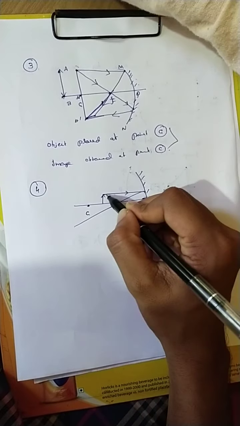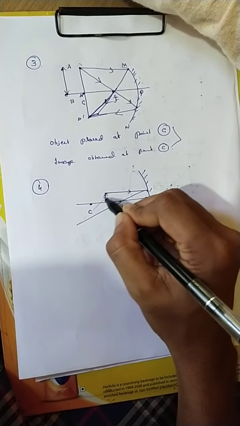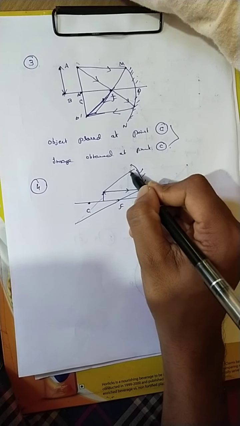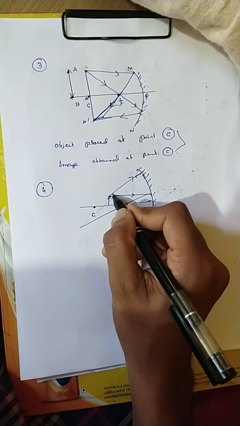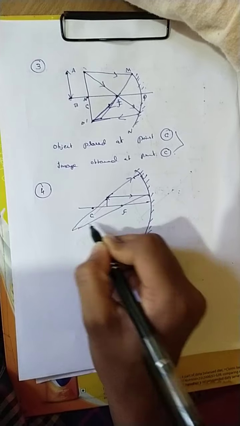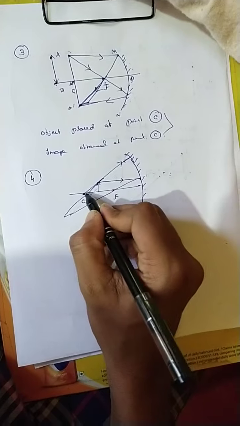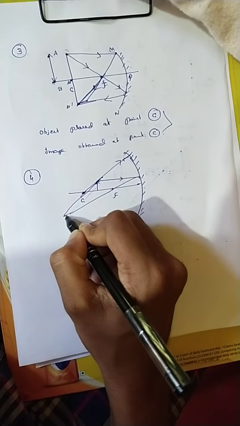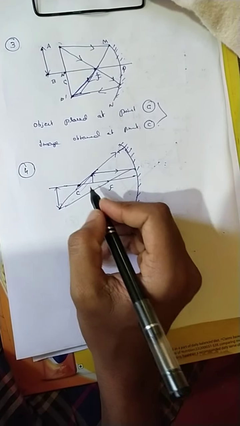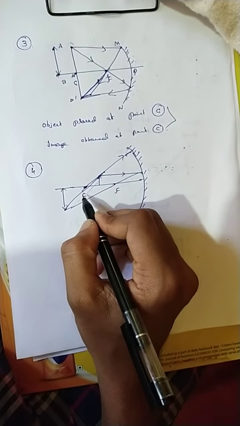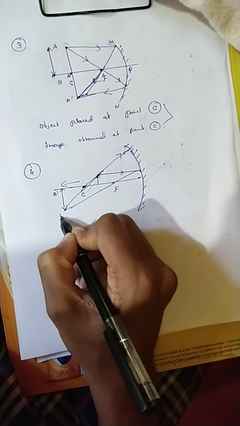Then again, the second ray falls on the reflecting surface, returns back to the same medium, and passes through the center of curvature. The image is obtained beyond C.